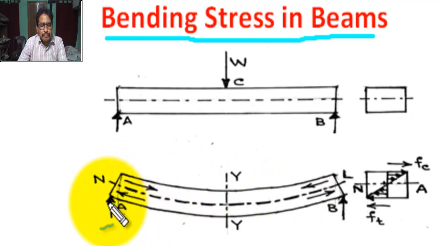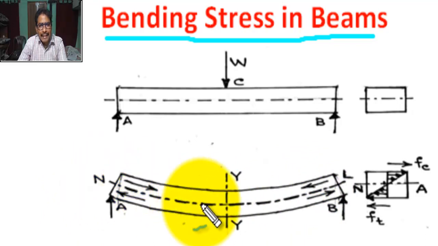Here NL is the neutral layer, or neutral plane, or neutral surface.